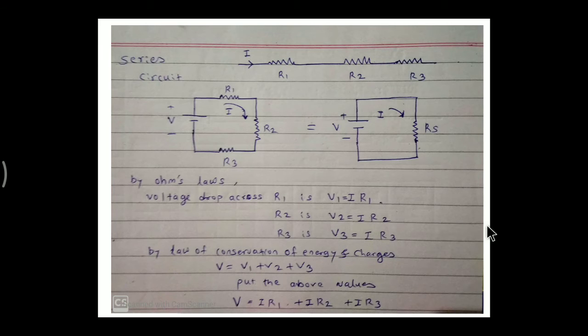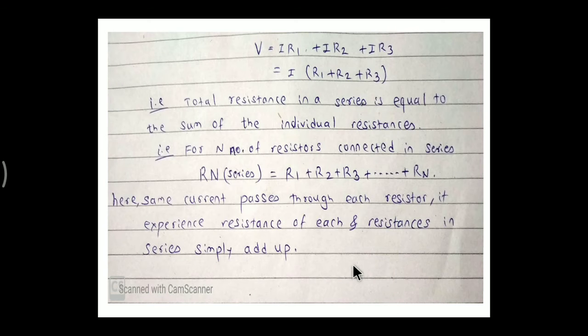So we can take I common and we will get V is equal to I into R1 plus R2 plus R3. That is, the total resistance in series is equal to the sum of the individual resistances. Suppose n number of resistances are connected in series, then we get effective resistance Rs equal to R1 plus R2 plus R3 plus dot dot dot up to Rn.